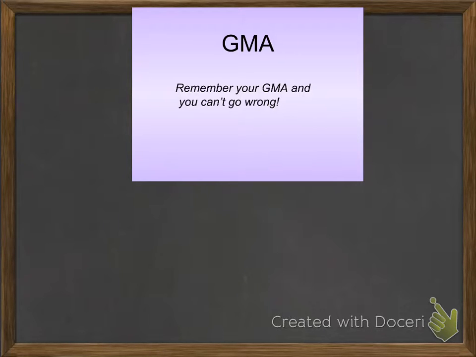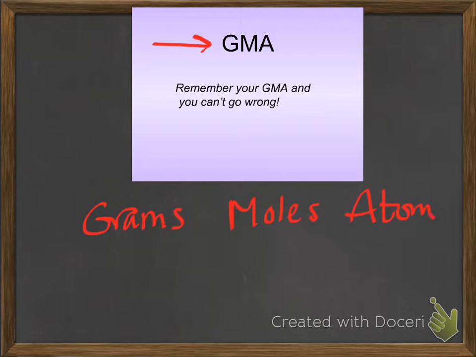Well, we're going to use a little mnemonic. I call it your GMA. You got a GMA, you love your GMA, never forget your GMA and you won't go wrong. So in this case, the G stands for grams. The M stands for moles, and the A stands for atoms, but you probably guessed that already.